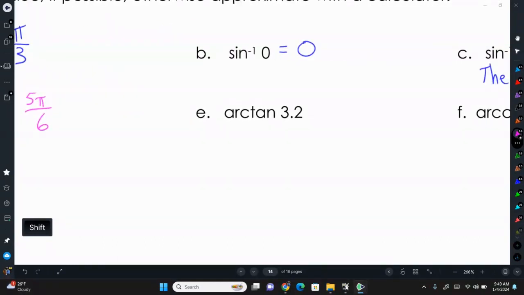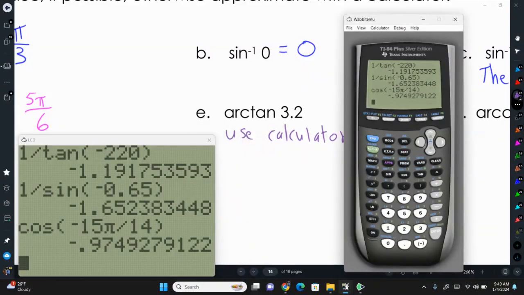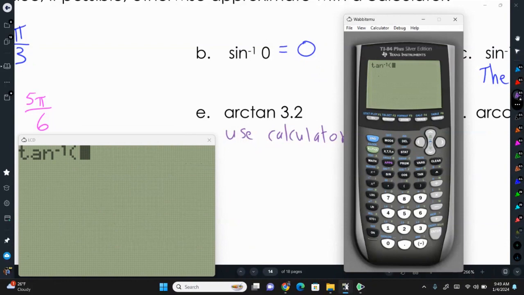Then the arc tangent of 3.2. Well, 3.2 is not on our unit circle. So we're going to use the calculator. So in the calculator, inverse tangent of 3.2, and we get 1.2679.